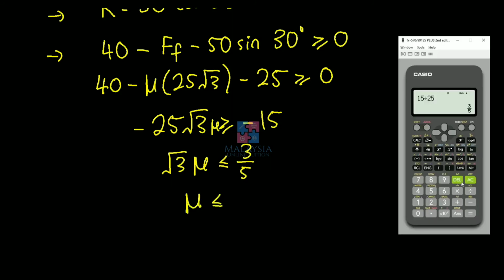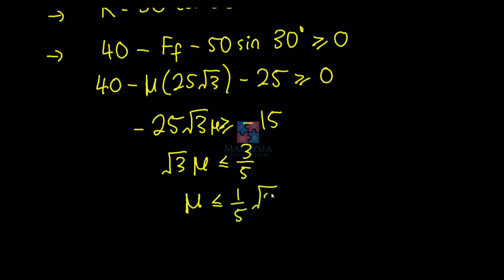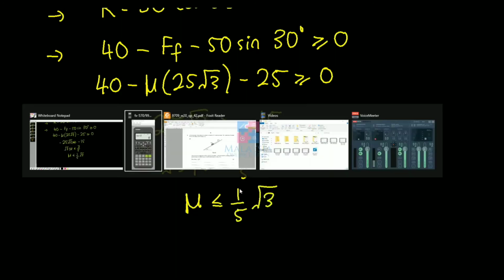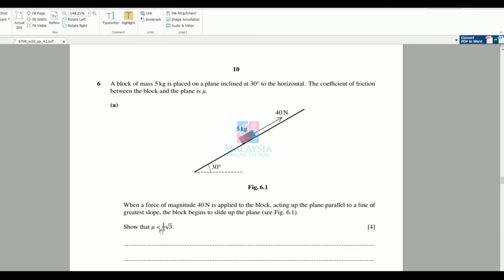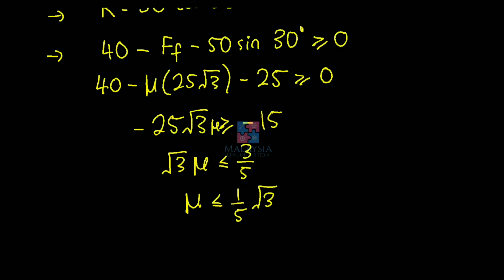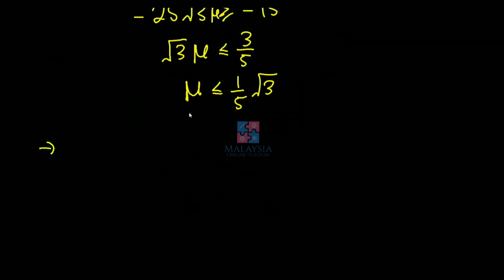When you divide by root 3, we will have root 3 over 5, which is essentially 1 over 5 root 3. So in the question, they mention only less than, not less than or equal to. Why is that? The reason is simple: if it is equal to 1 over 5 root 3, that means it will not move.